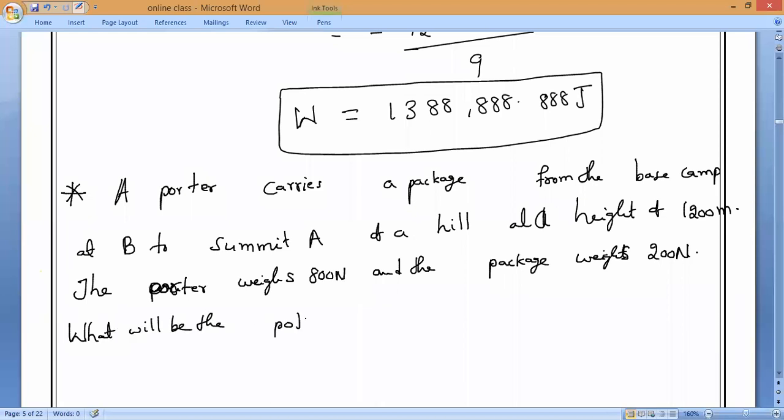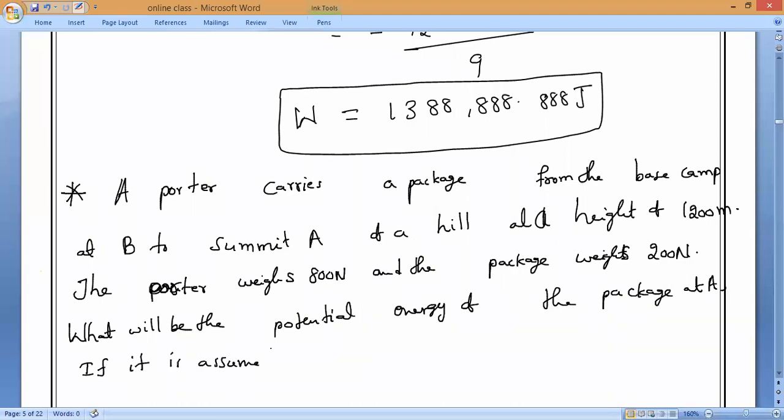What will be the potential energy of the package at A, if it is assumed to be 0 at B?